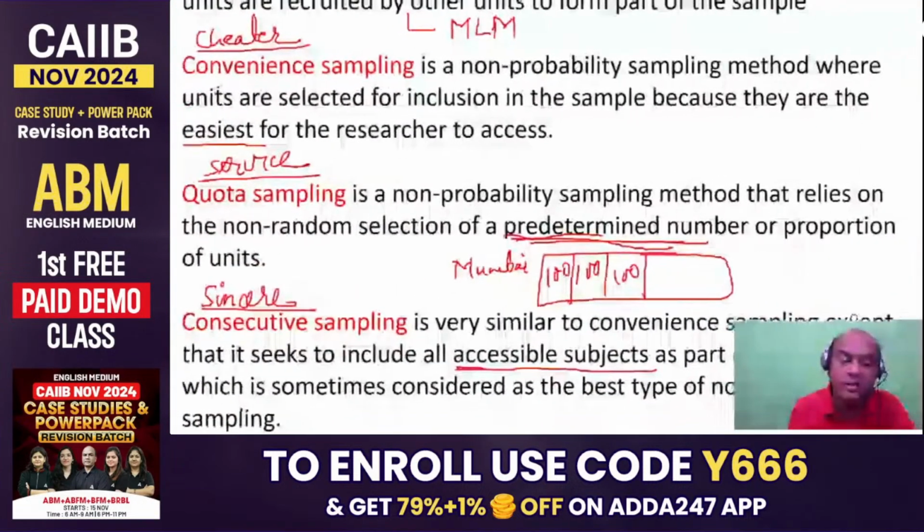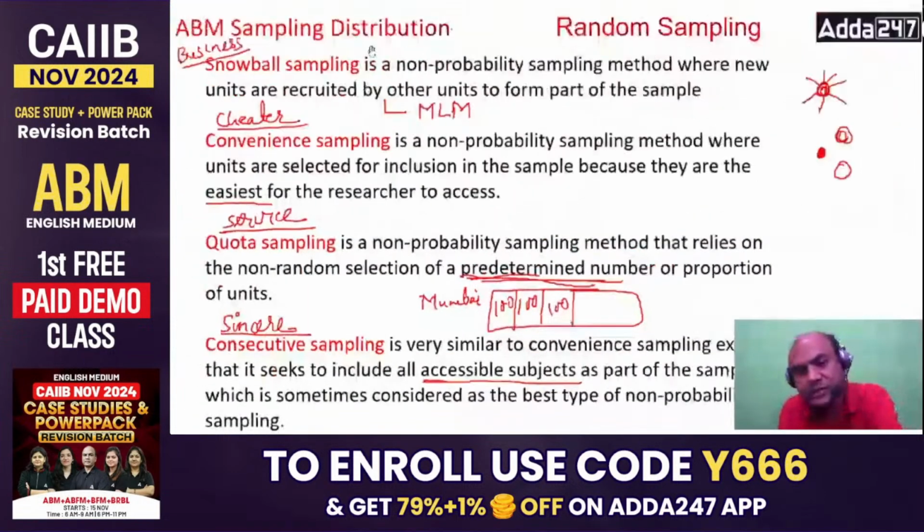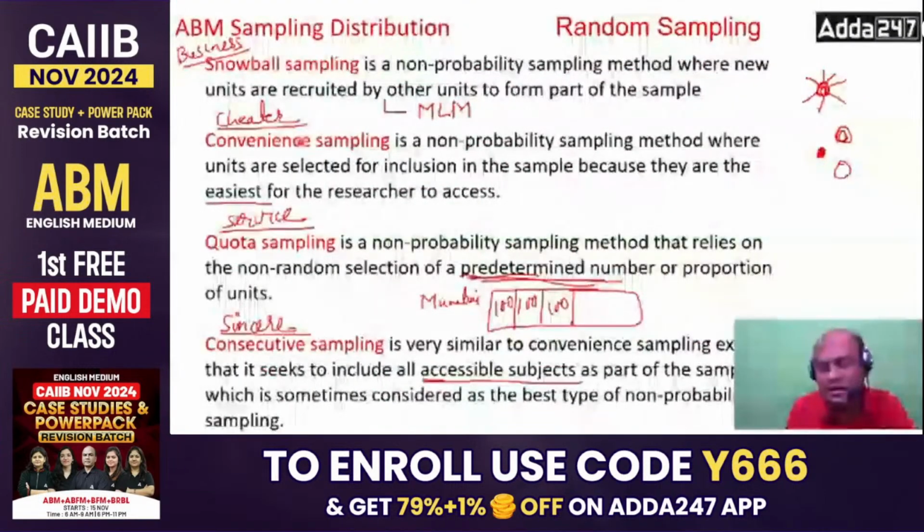Suppose I am told to select 50 persons as samples for a survey, so I'll go to the entire city, sincere person. I'll select 50 persons from various corners of the city. So this is consecutive sampling, isn't it? And the top one is convenience sampling, right? So this is how these sampling methods are defined.